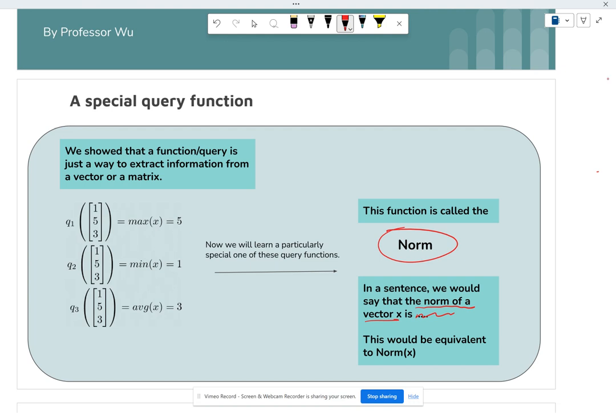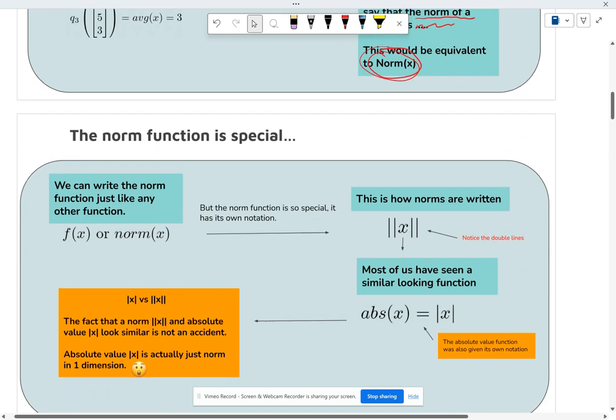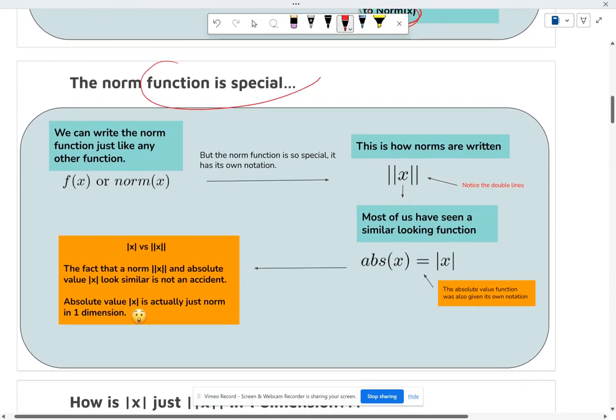You can picture it as norm of X, where previously we had min of X, max of X. Norm of X is essentially giving you the norm information. Now, you might be wondering, what is the norm information? Well, the norm function is really special.